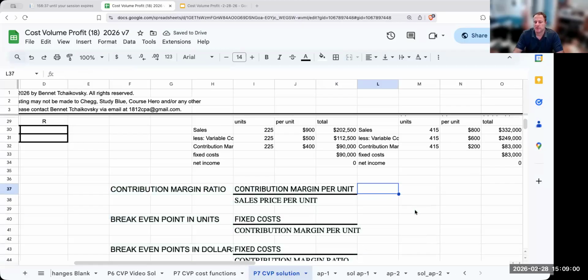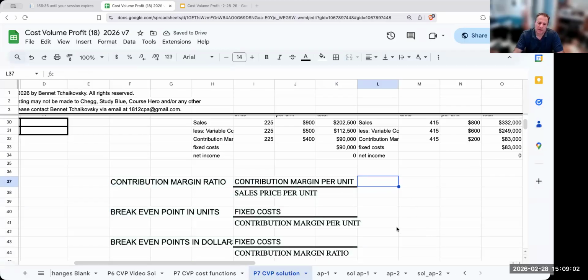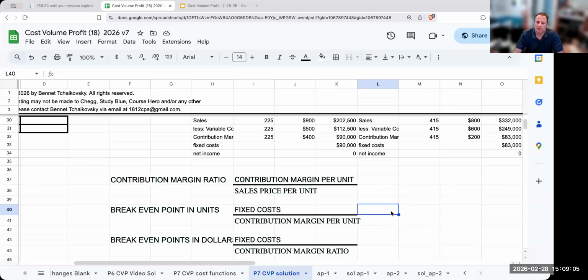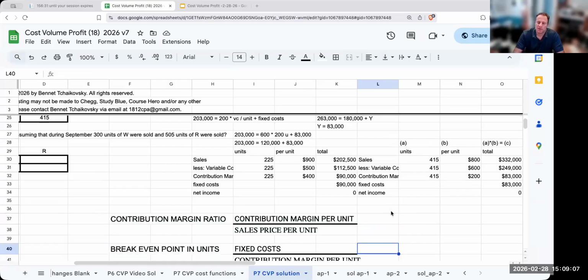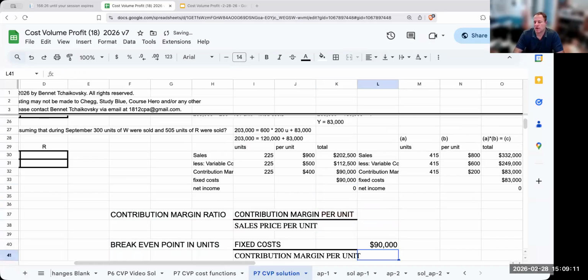So the first thing I could say is, well, my break-even point in units is, for product W, my fixed costs over here are 90,000.